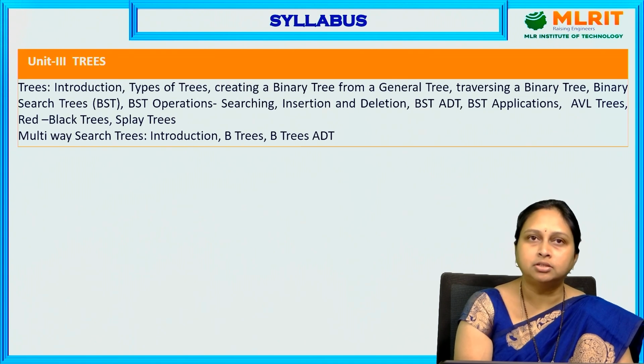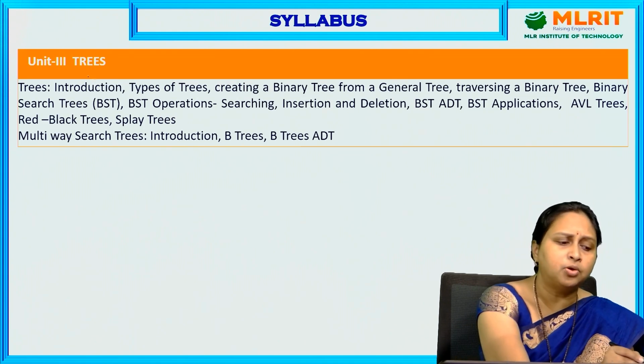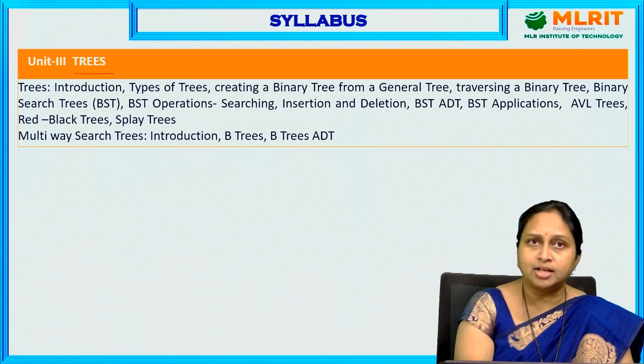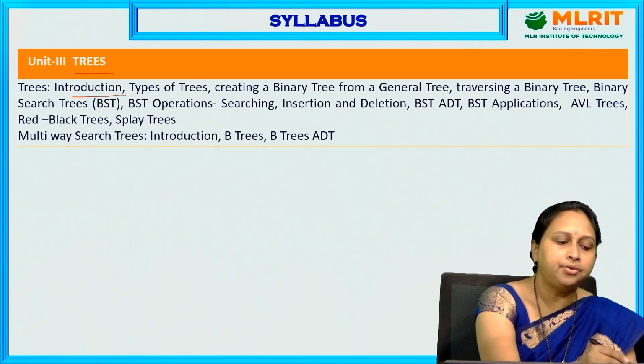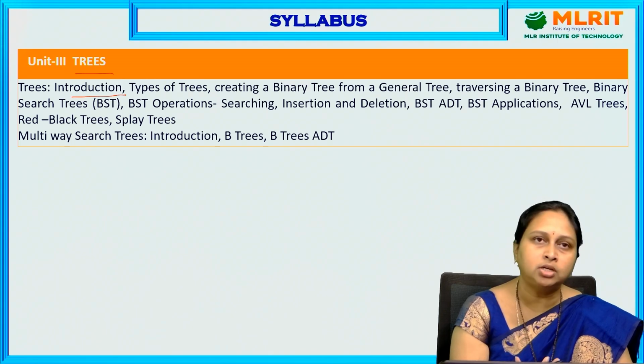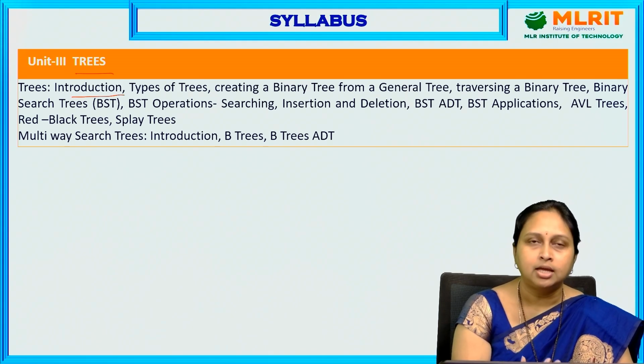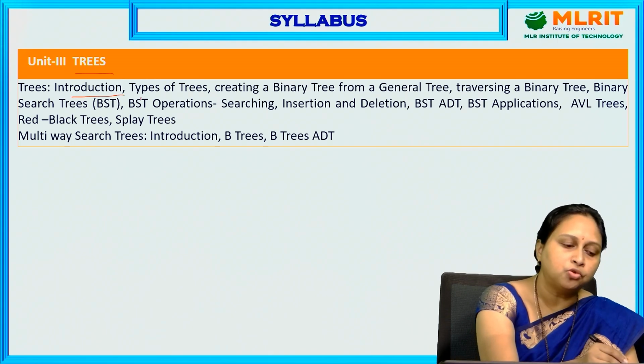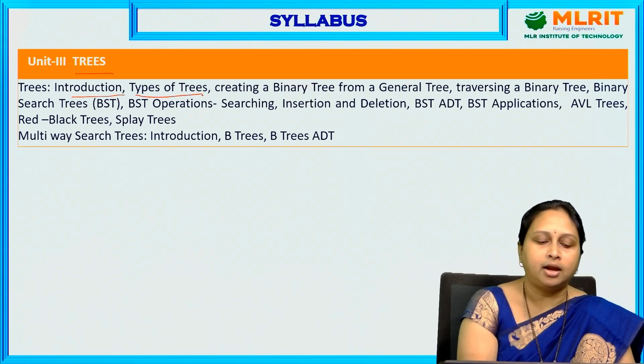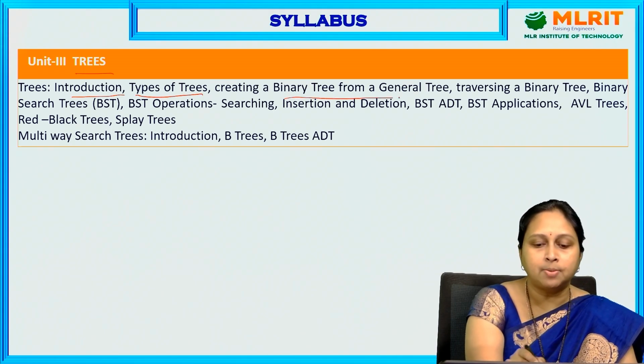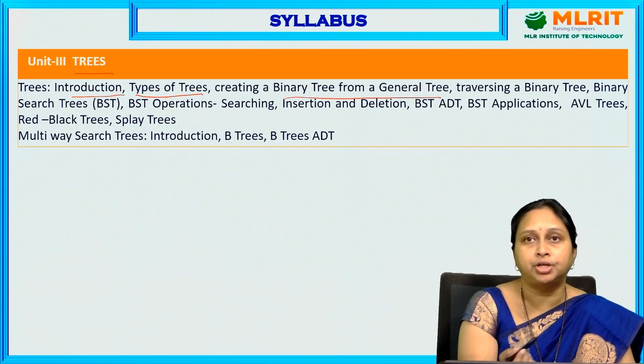And coming to the third unit, here we will be discussing completely advanced things, that is trees. We will be discussing the introduction of trees, the different terminologies we are going to see under trees, and the different types of trees we will have, and we will be seeing what a binary tree is from a general tree.